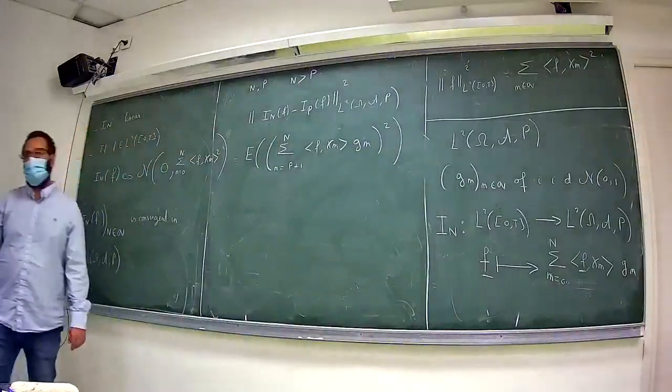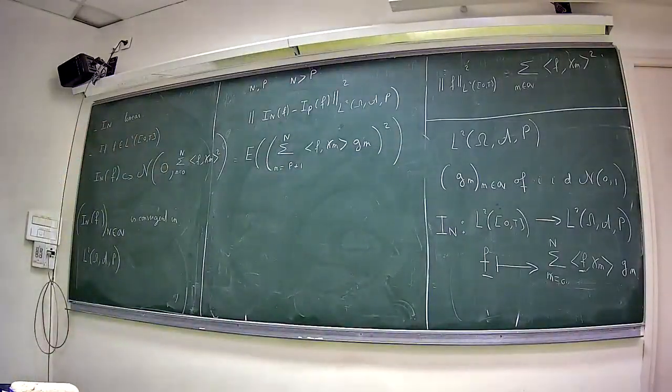What I obtain, I am able to compute because keep in mind that my Gn are IID N(0,1). In fact, it's a variance that I compute here. Okay? What is this?